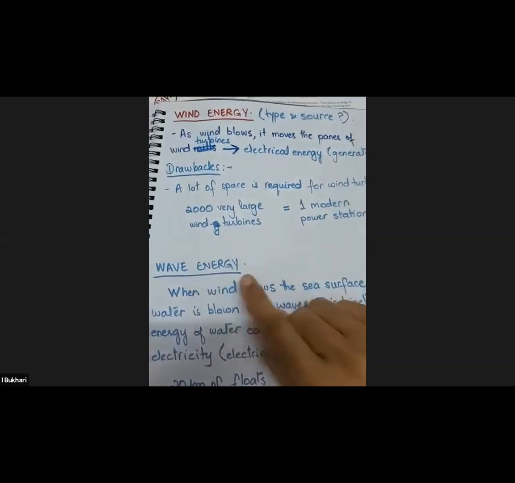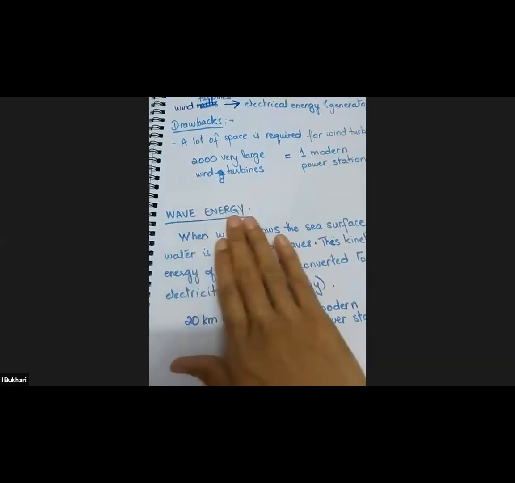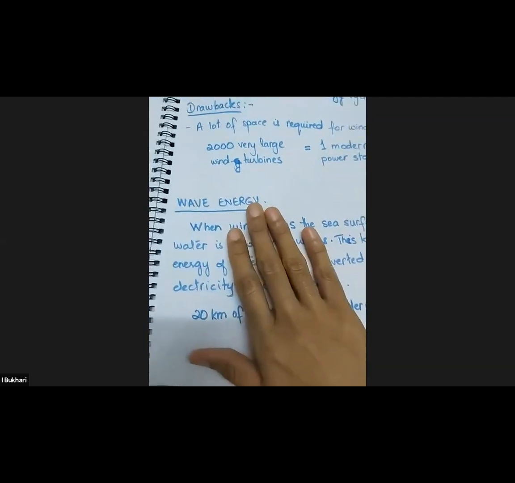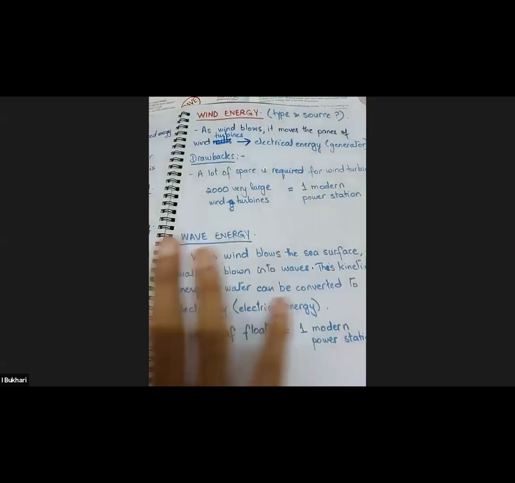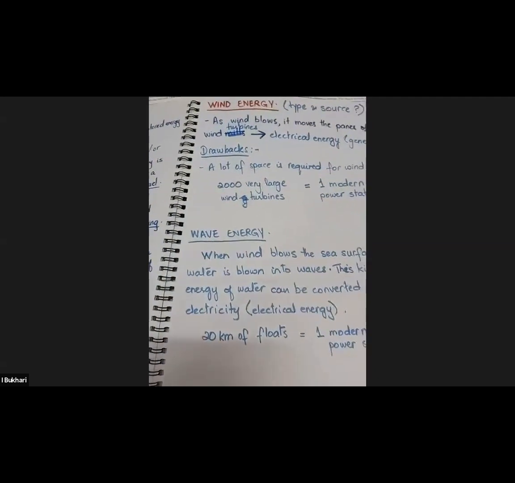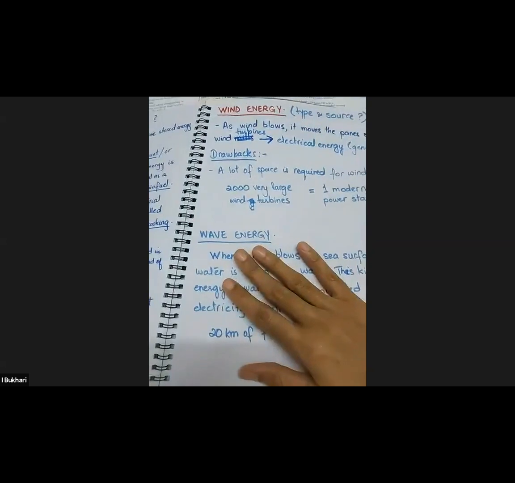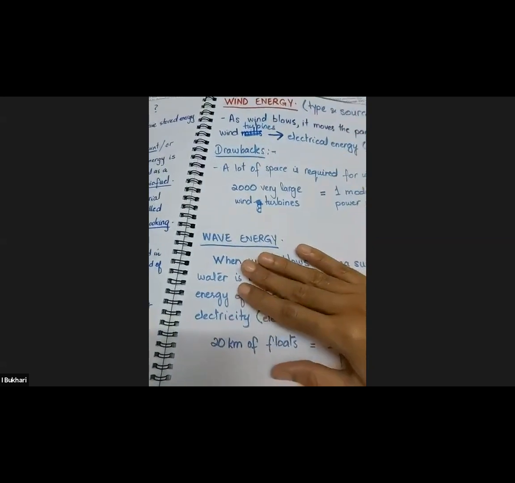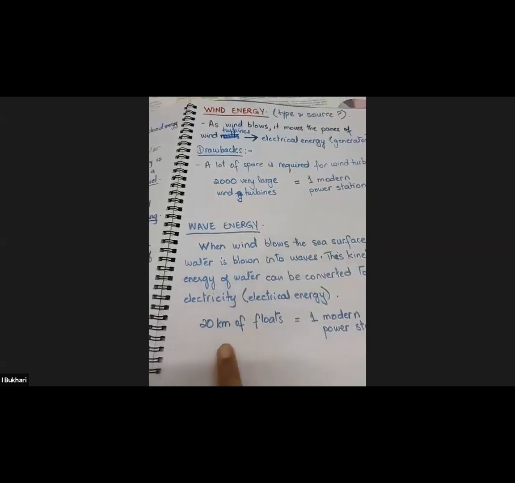Wave energy: what are these waves and why are they produced? Due to the wind blowing over the surface of the sea. When the wind blows over the surface of the sea, this water mass is disturbed and blown into waves. So what type of energy is this? Kinetic, right? But how is this done?